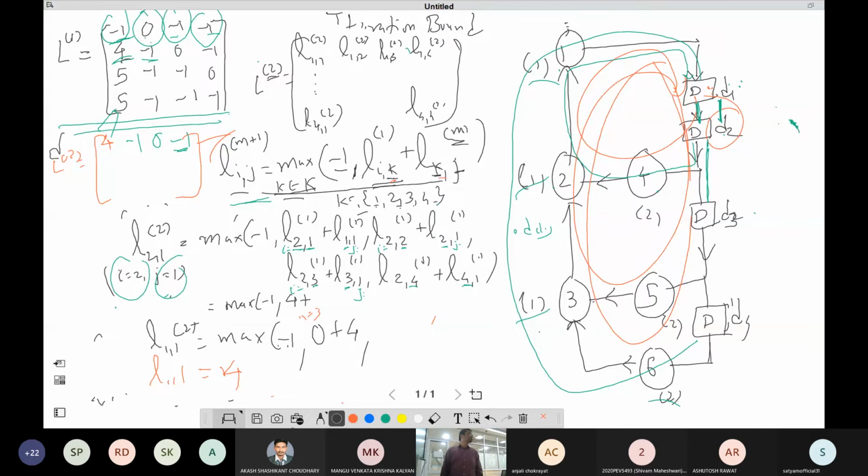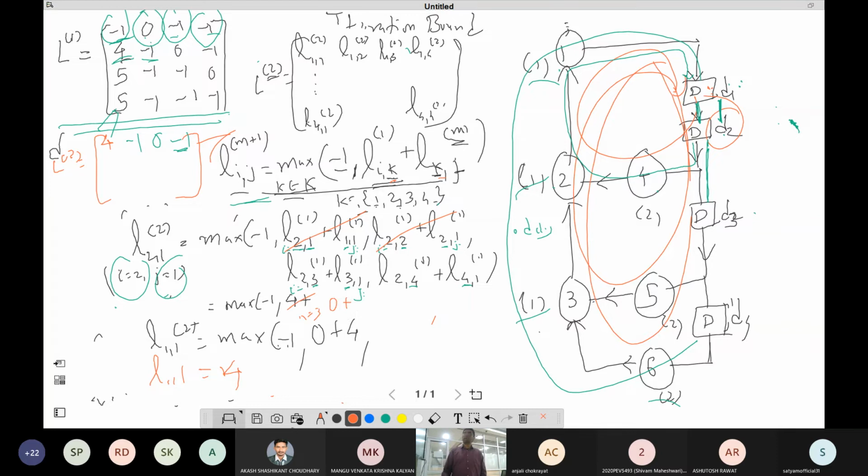L11 no part exists. This gets cancelled. So this is not required now. L22 of 1 is -1. This gets cancelled. L23 is 0. So here it is 0 plus L31.